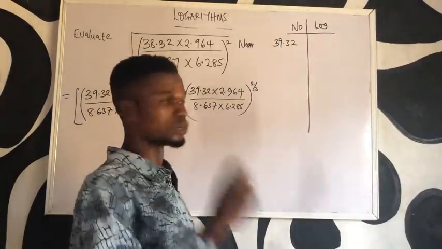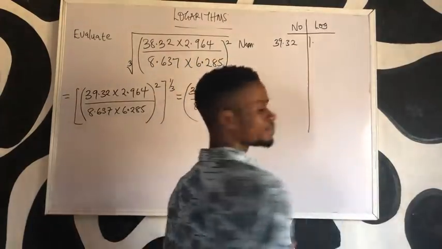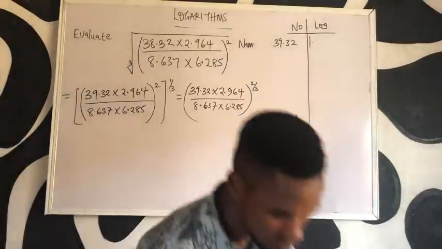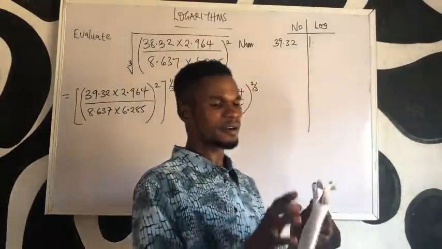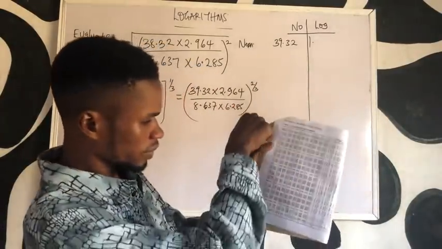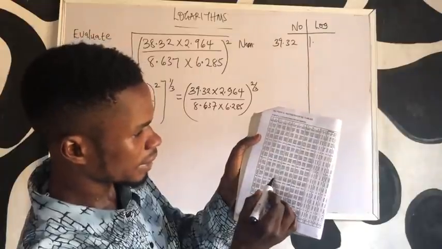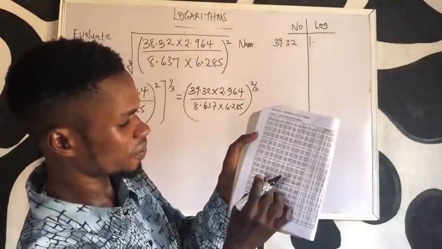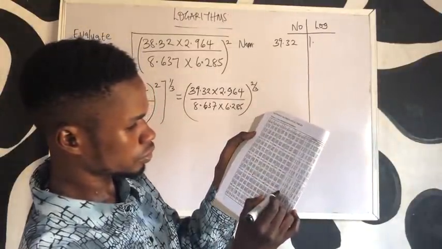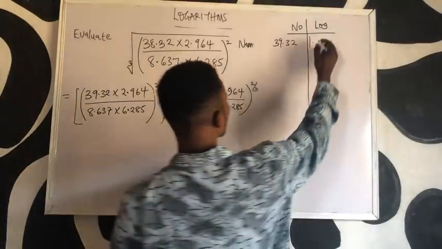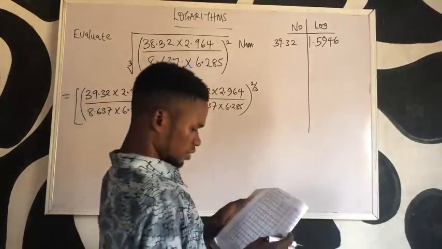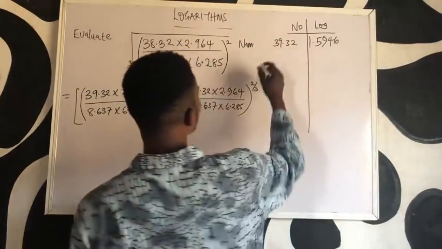That's 2 minus 1 is 1. That's 1 point. Then the logarithm of 39 under 3 is 5944. Then difference 2 is 2. 5944 plus 2 is 5946.